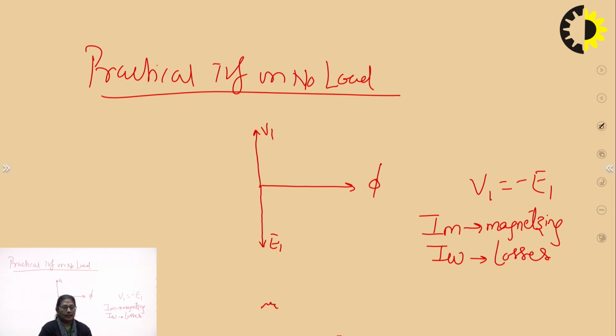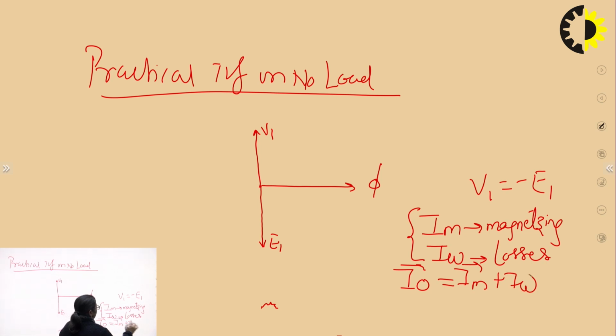Once again, this no load current, which is the phasor addition of Im and Iw, I call it I naught. I naught is the phasor addition of Im and Iw, where Im is the magnetizing current responsible for the production of flux, or for magnetizing the core.